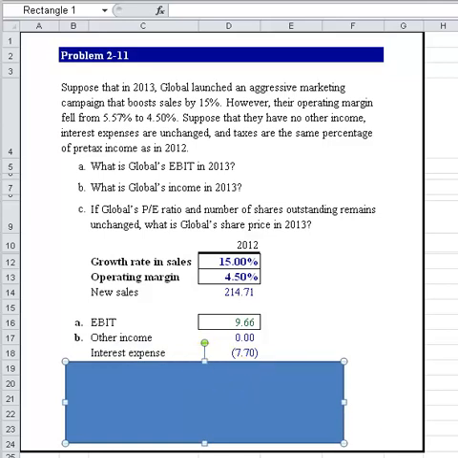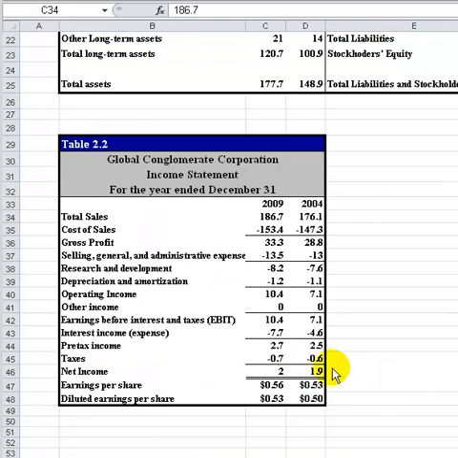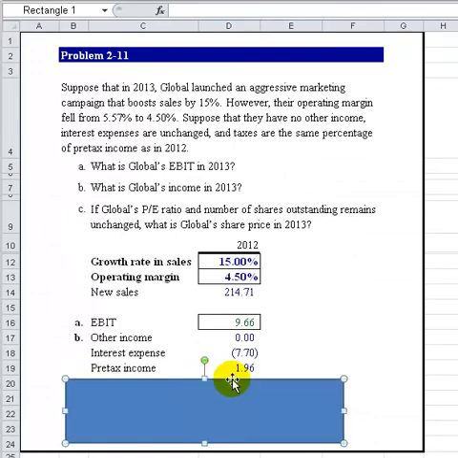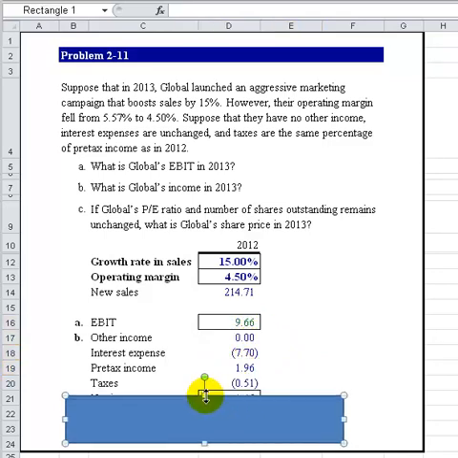Now let's go look at that. In 2009 we see right there that the interest expense was 7.7. So we throw in our 7.7. Now if we just run the math, which is add those three lines, we have pre-tax income of 1.96.